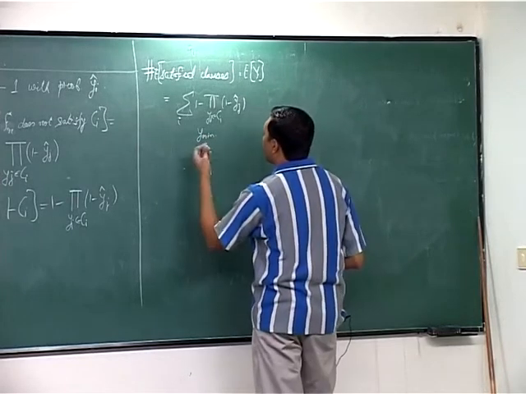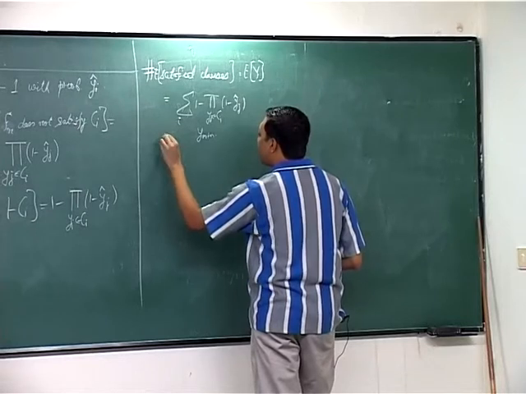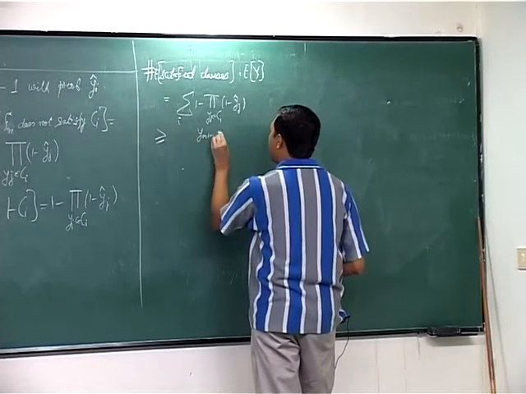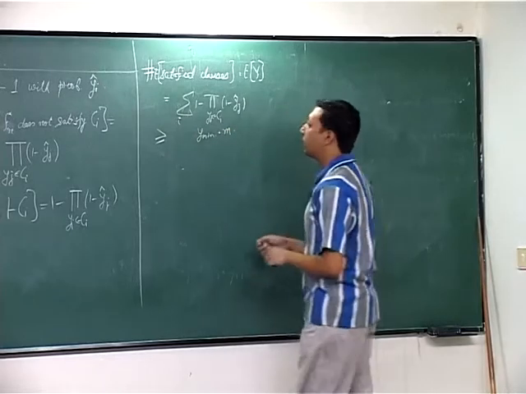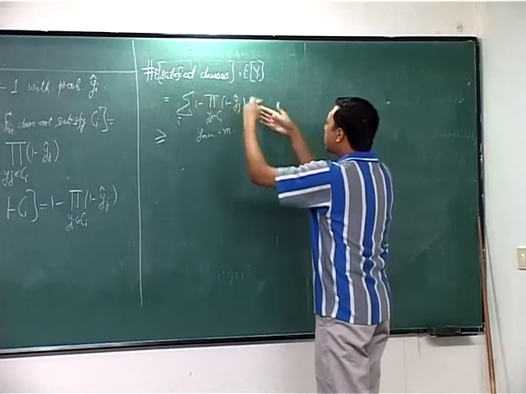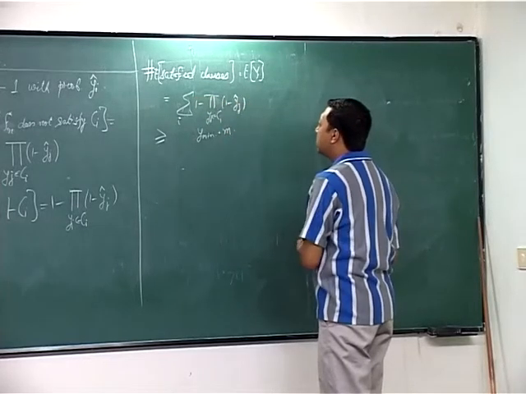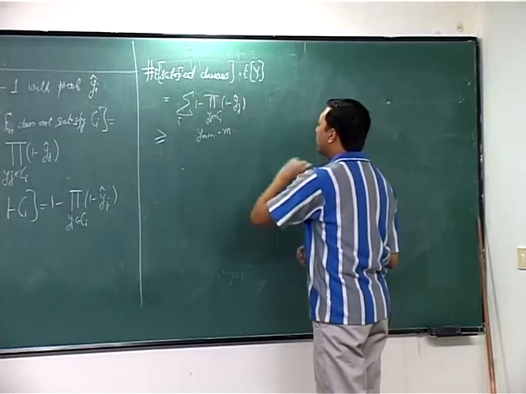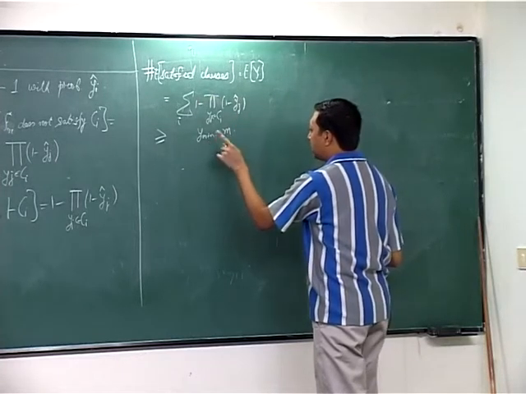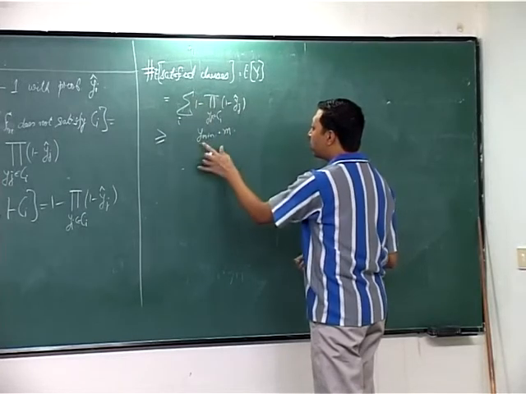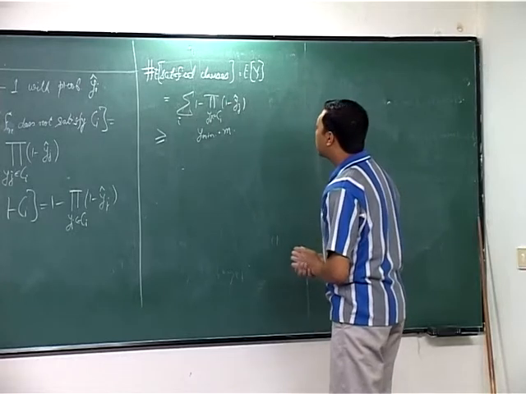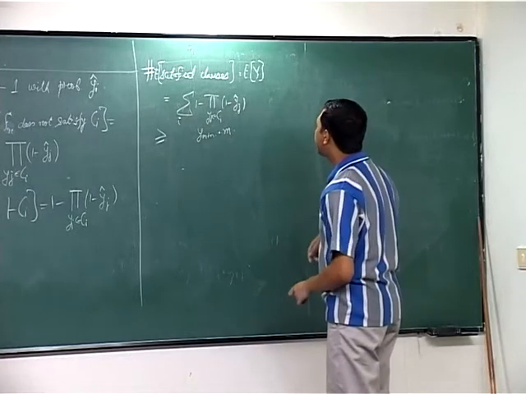Then I can say that this value is at least y min times m. If I find the minimum of this over all possible values of yj hat, then this expectation is surely at least the minimum times m. So how do I get the minimum?